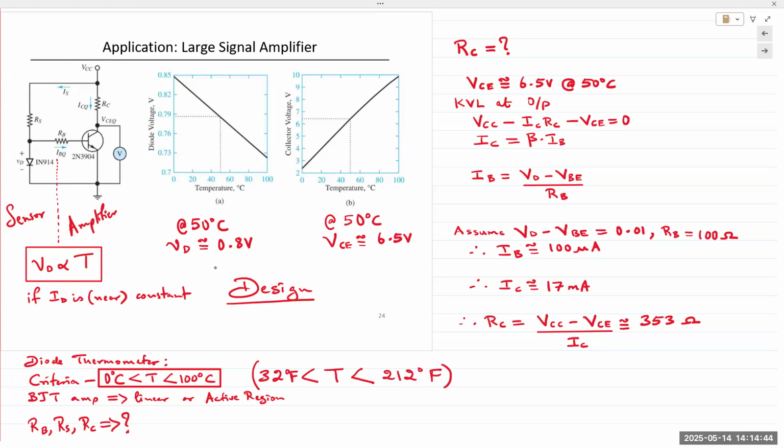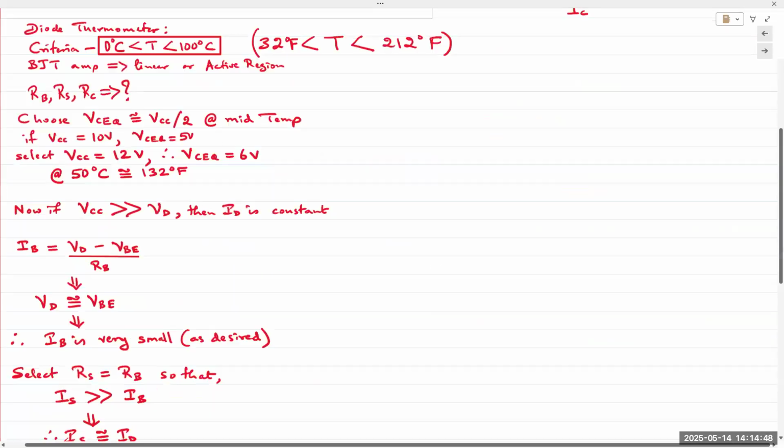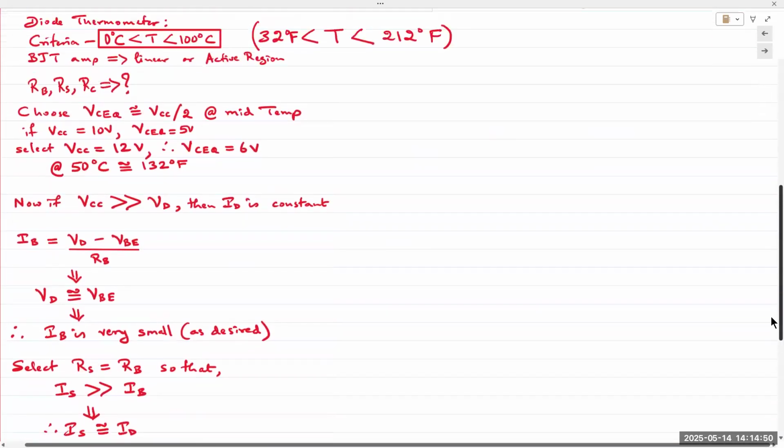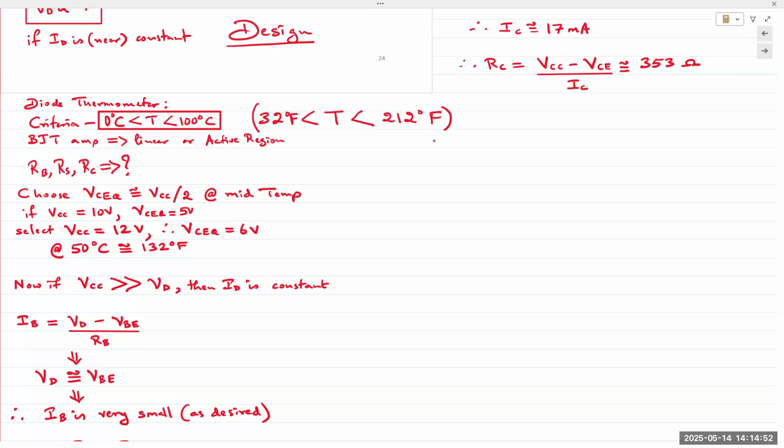As a quick summation, if you want to move between Celsius and Fahrenheit, if you have, let's say, 20 degrees C, you double it and add 32. So about 40 plus 32, 72 degrees Fahrenheit.